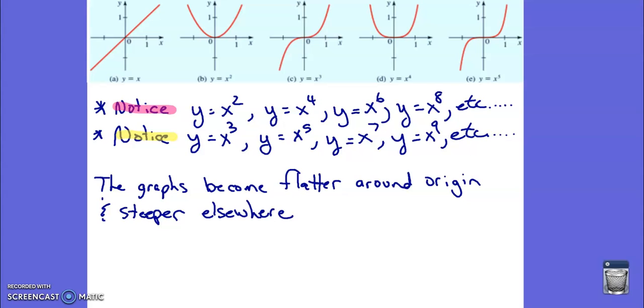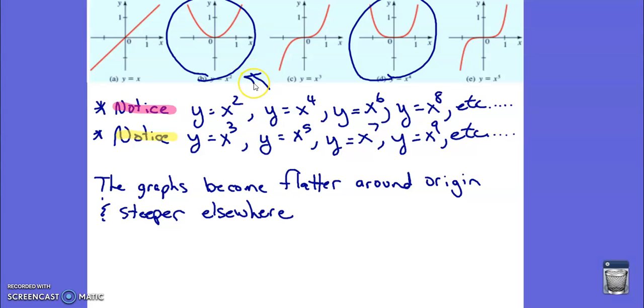If you start graphing those, let's look at the x squared and the x to the 4th. The graphs become flatter around the origin and steeper elsewhere. If you literally made an XY chart, you can start plugging in numbers to x squared, and then use those same numbers to plug into x to the 4th, and you can see that it's becoming flatter around the origin.